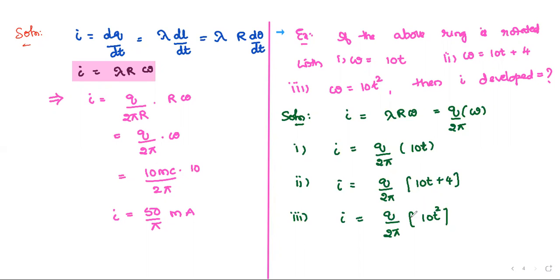So don't get confused if omega is given as variable with time. We won't always integrate and differentiate; we do so according to the formula only. Did you follow what I said? Good, this is the model.